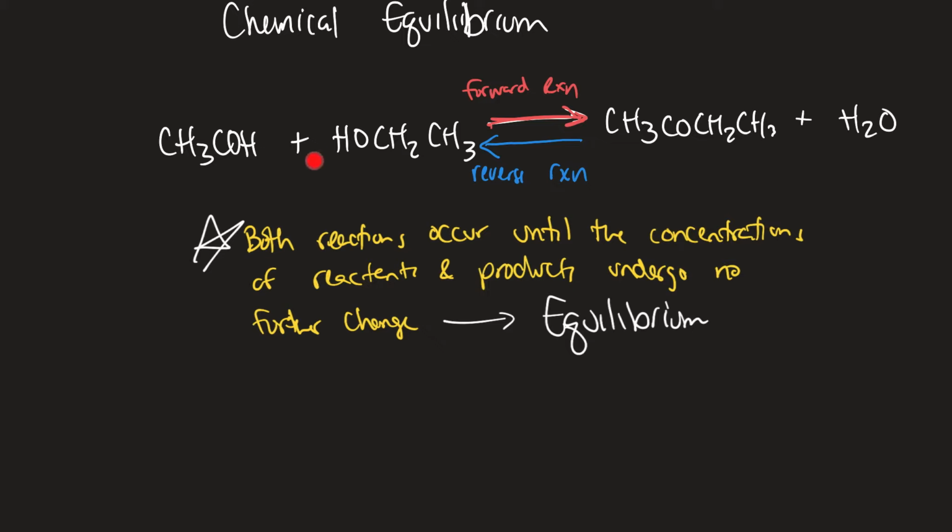What I mean by that is, originally there's a huge concentration of the reactants, and it decreases as the reaction takes place and creates products. At some point when the products are large enough, they start reacting to create the reactants.